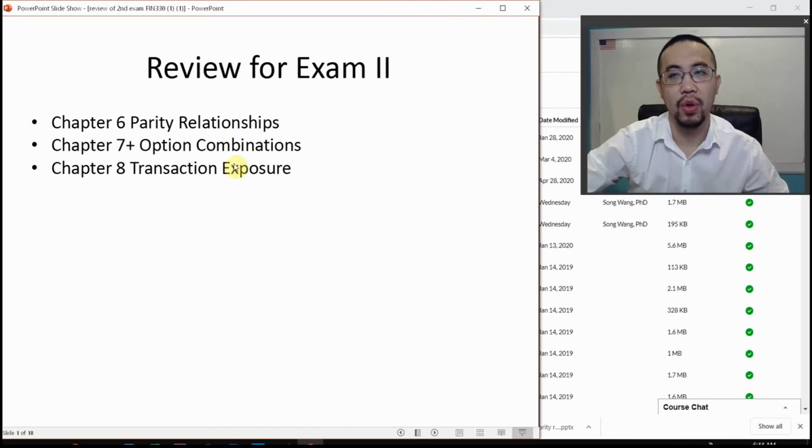So I added some more stuff. It's about the combination of options, like a straddle and a strangle, bull spread, bear spread, and so on. So you will need to study those as well.